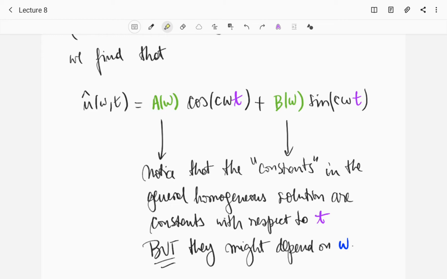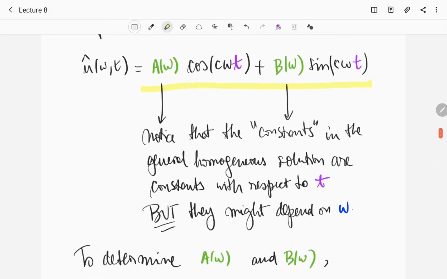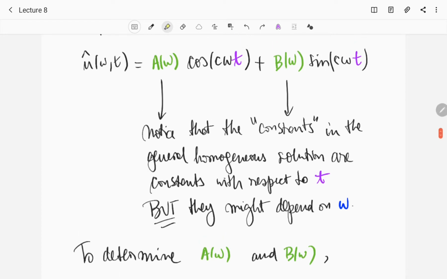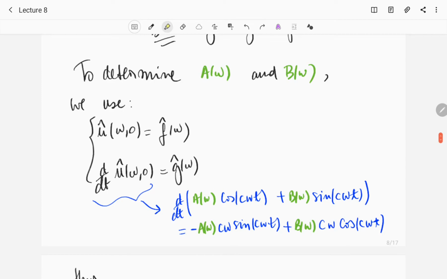So they are constant with respect to t. Okay. So we have this general solution, but of course we need to use the initial conditions, and we have two initial conditions that will help us to find these two functions that we don't know. So to determine these two guys, A omega and B omega, we use these two initial conditions.